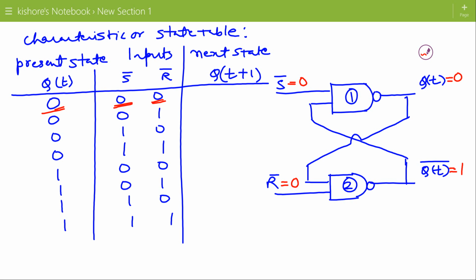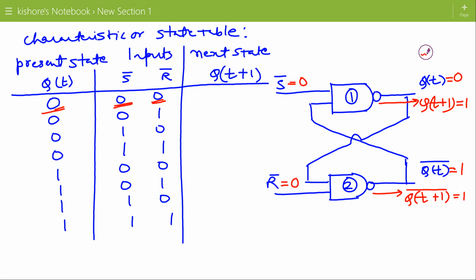If we know that if any one of the input of NAND gate is 0, then its output has to be 1. So QT plus 1 next state is 1, and for second gate output is also 1. QT plus 1 bar is also 1.